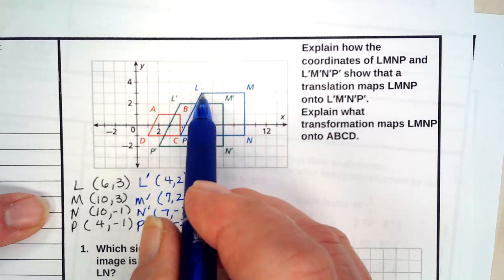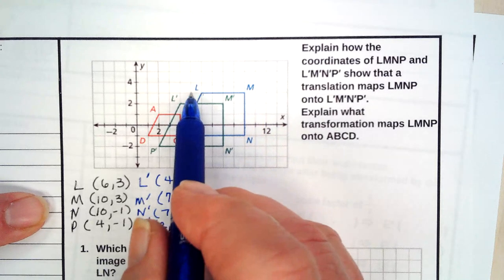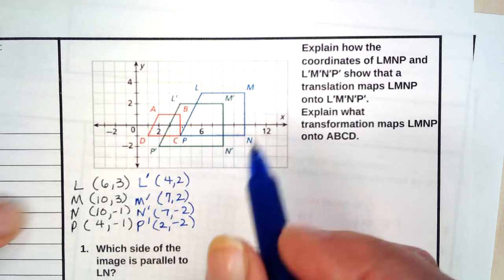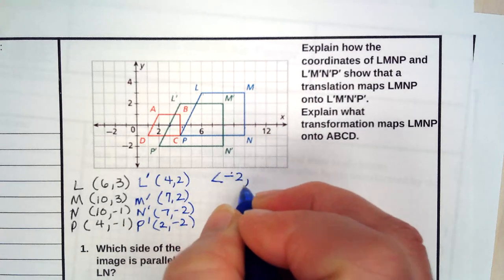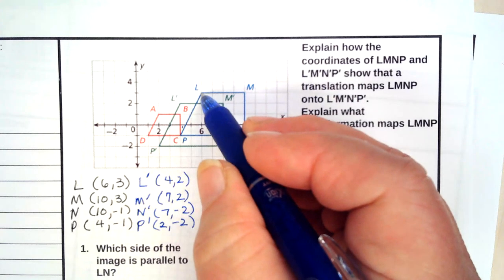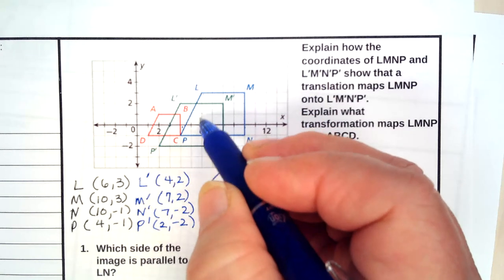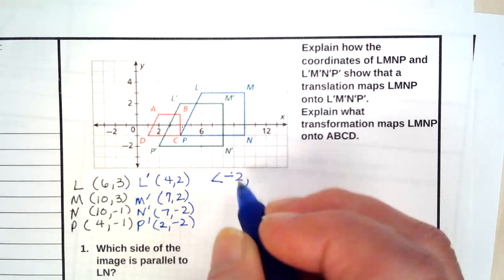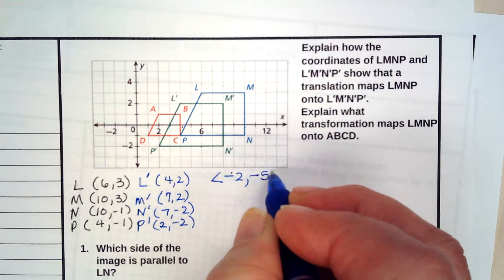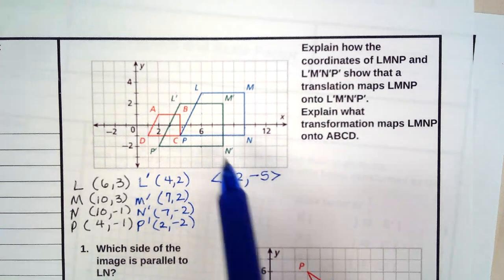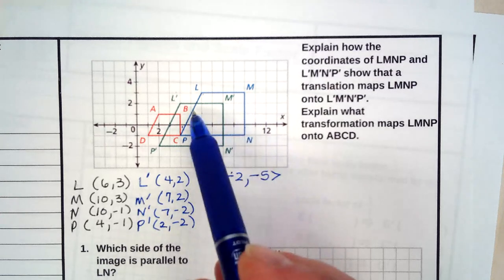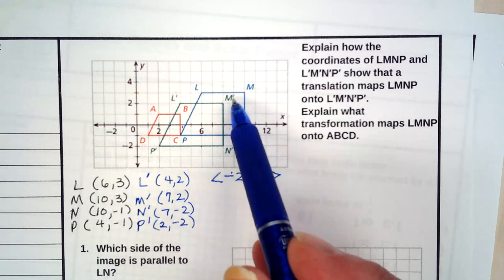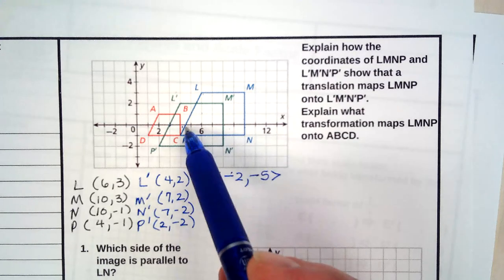Okay, so if I start here, for my X, I subtract 2. For my Y, I subtract 5. And that is my vector that I use to move this quadrilateral to the other spot.